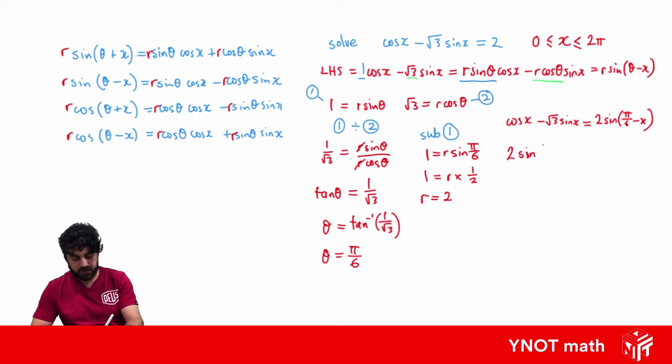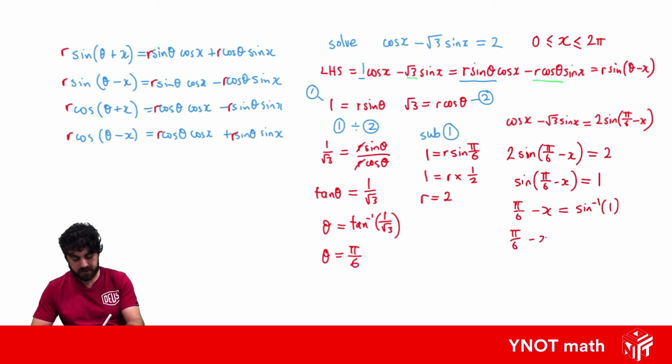So we have 2 sine of pi over 6 minus x equals 2. We can divide both sides by 2, so sine of pi on 6 minus x equals 1. Take the inverse sine of both sides, so we're left with pi on 6 minus x equals the inverse sine of 1.